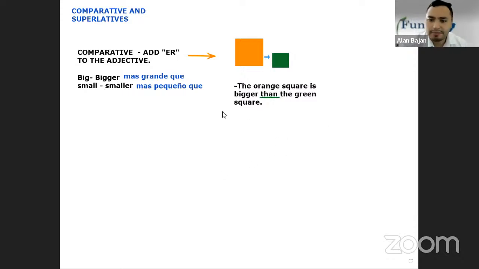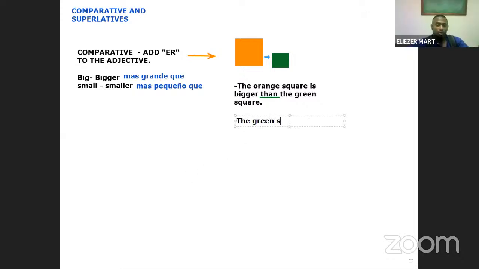We have other sentence with small and smaller? Eliezer? The green square is smaller than orange square.